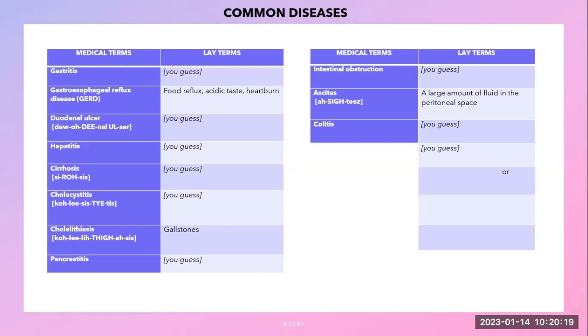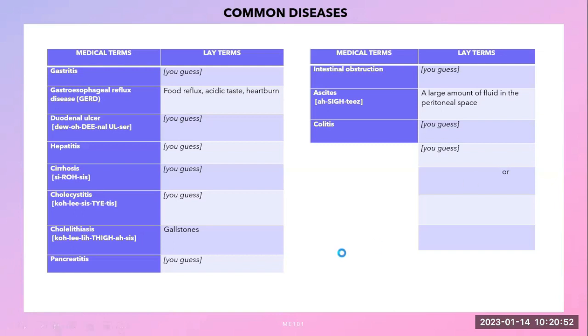I think that's wrong. Even some extra fluid inside the cavity is also called ascites. Okay. So if it's only a little, we say there is a little blood in the peritoneal space. Oh, thank you. It's also correct.